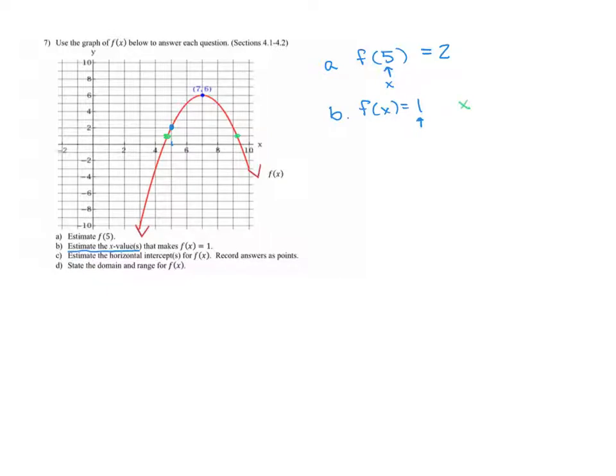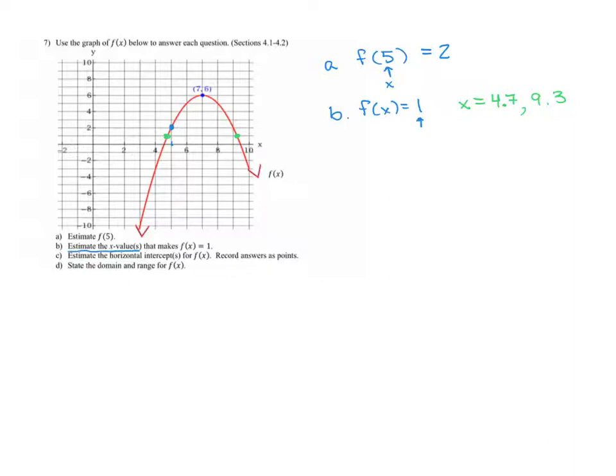We get x equals, it does say estimate, so we can go ahead and go out to maybe one decimal place. Let's say 4.7 and 9.3. Again, these are estimates because it does not cross through a nice coordinate there. Okay, so if you have 4.8 and 9.2, that's all right.